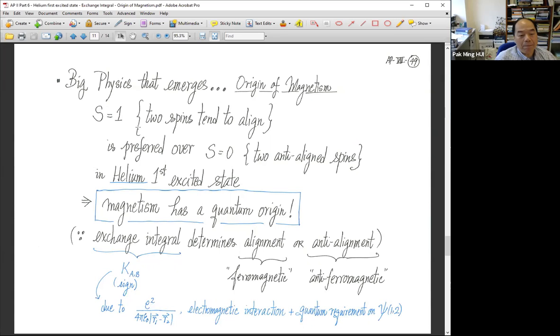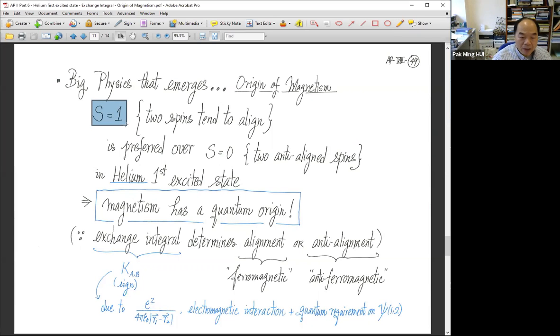You see, in helium, what we found is that the triplet state is slightly lower in energy than the singlet excited state. But we understand that the triplet state has up up, or down down, or up-down plus down-up. In general, the two spins tend to align. In the singlet, they exactly cancel; they tend to anti-align.